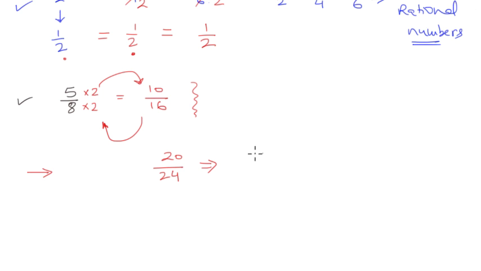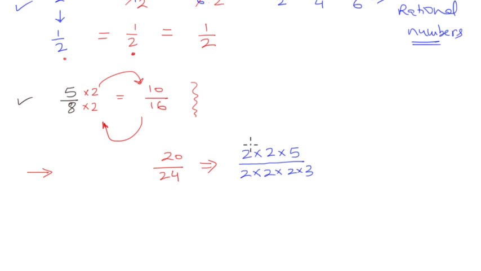So let's see how 20 expands by their prime factors division. So 20 is 2 times 2 times 5, a product of 3 prime numbers, right? And 24 is 2 times 2 times 2 times 3. 2 times 2 is 4, times 2 is 8, times 3 is 24, correct? A product of prime numbers is what we need both for the numerator and the denominator, right?